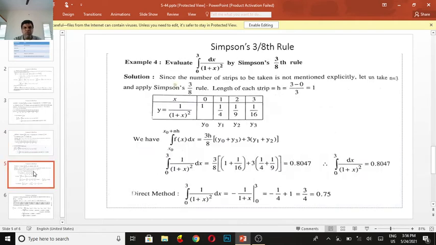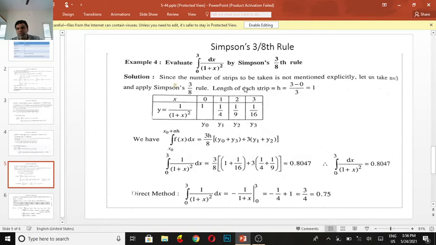If we come to the 1 mark problems, evaluate the integral from 0 to 3 of dx by 1 plus x whole square by Simpson 3 by 8th rule. Since the number of steps is not given, if we take the easiest way, 0 to 3 is there, the intervals are 0 to 1, 1 to 2, 2 to 3.